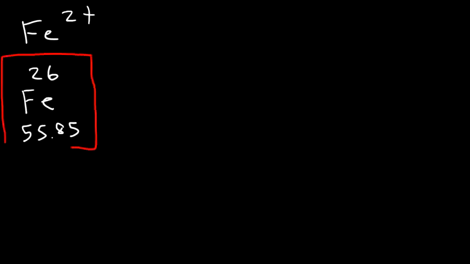So an atom of iron metal has 26 electrons. So what about an ion of Fe? Because the charge is plus 2, that means that the atom lost 2 electrons. So therefore, the Fe2+ ion has 24 electrons. It has 2 less than this number. So we're going to write the electron configuration based on the number 24.